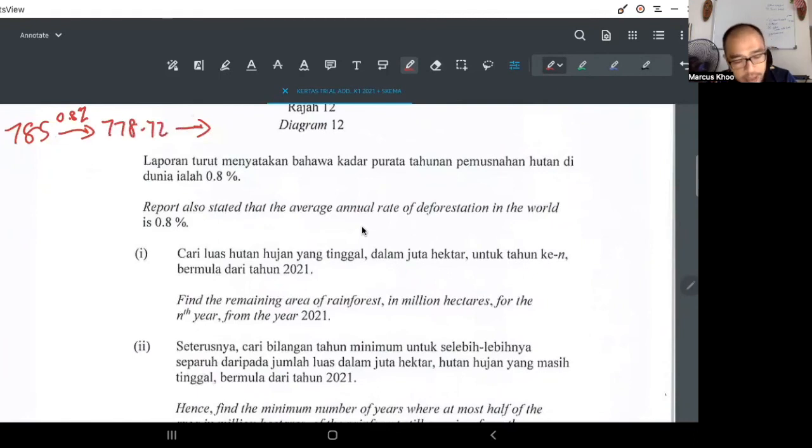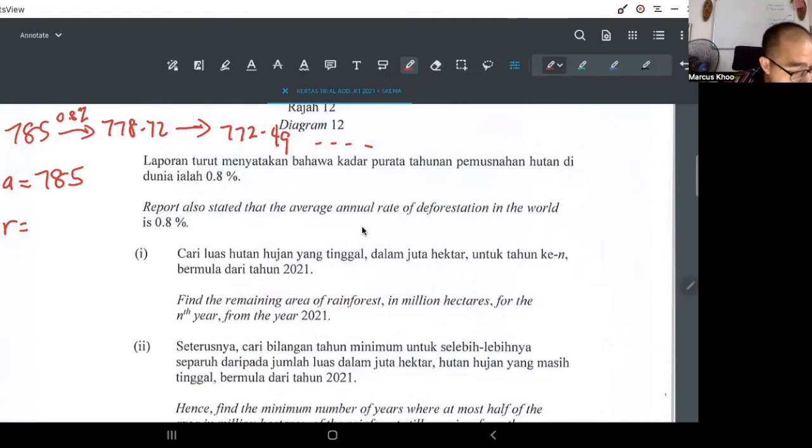And then less another 0.8%, you get 772.49, and so on and so forth. And we find that this forms a geometric progression in which the A is 785 and the R is 778.72 divided by 785, which is 0.992. Okay, this is our R.